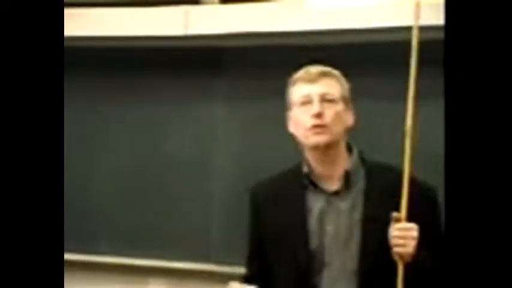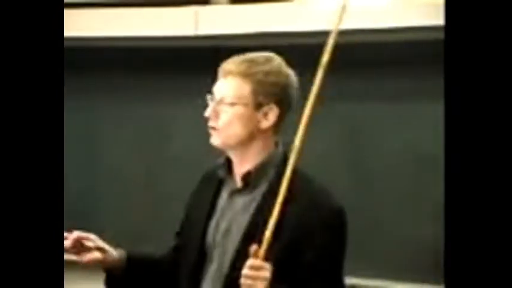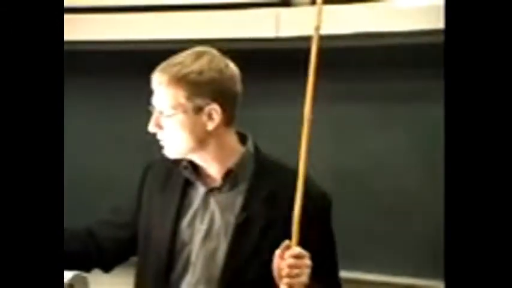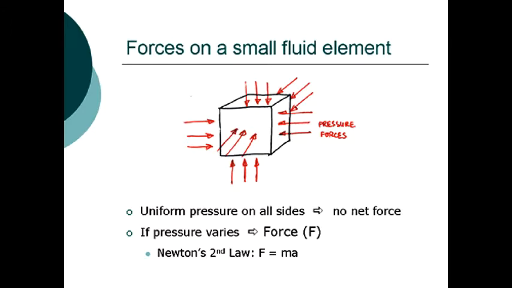All I'm going to do is look at the sum total of all the forces acting on a fluid element, and I will apply Newton's second law, which states that forces are equal to mass times acceleration. That's the only equation you're going to see. And I trust you've all seen Newton's second law. So, are there any other forces? No, because I've neglected them all.